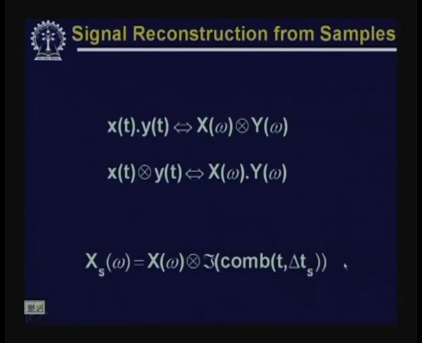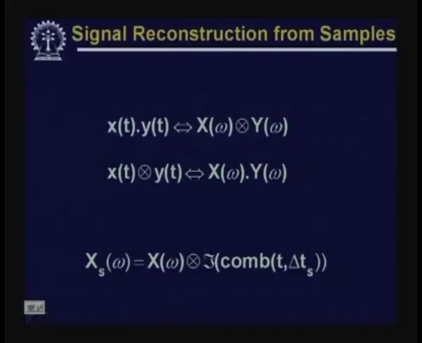For this purpose, we have introduced what is known as the convolution theorem. The convolution theorem says that if you have two signals x(t) and y(t) in the time domain, then the multiplication of x(t) and y(t) in the time domain is equivalent to the convolution of the frequency spectrum of x(t) and the frequency spectrum of y(t) in the frequency domain.